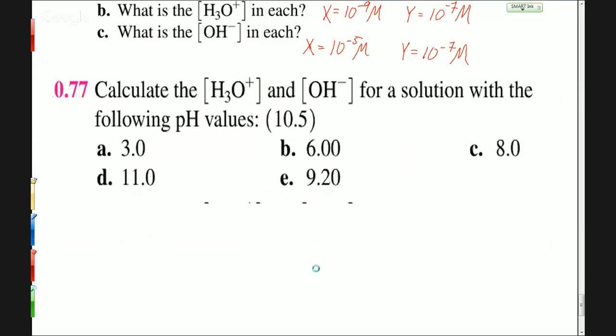All right, so we're going to calculate the hydronium and hydroxide ions for solutions with the following pH values.